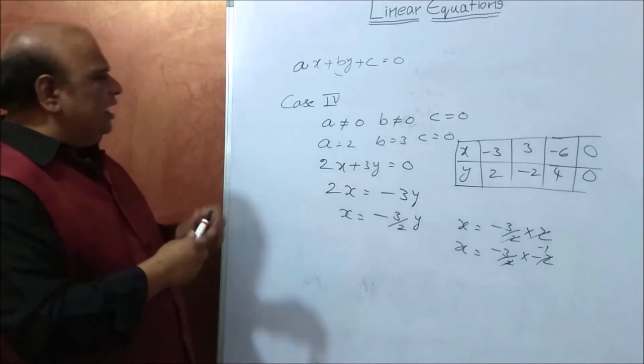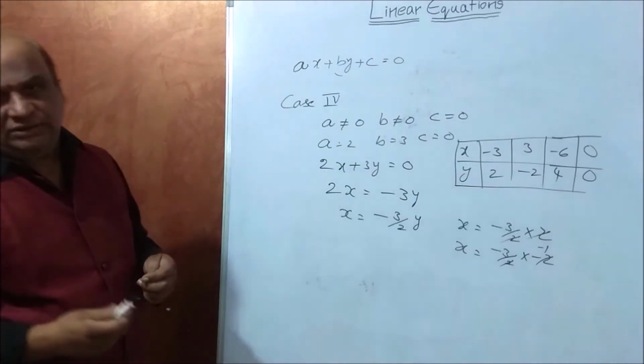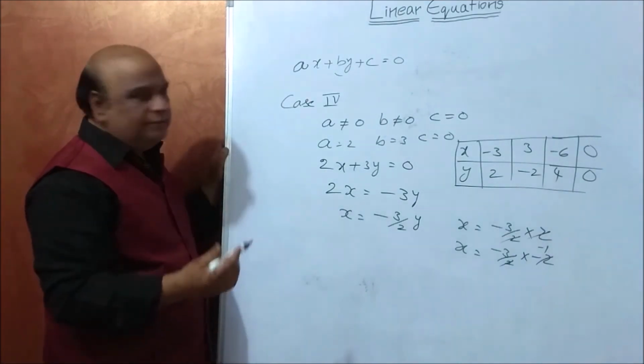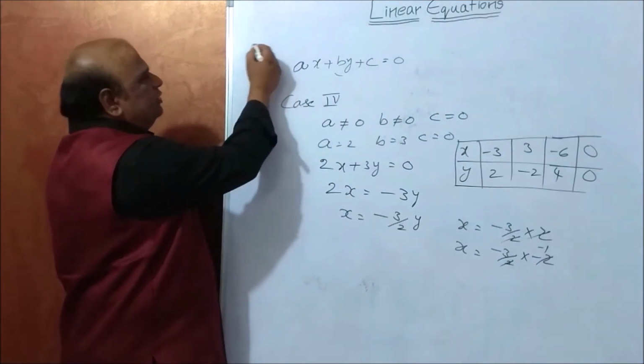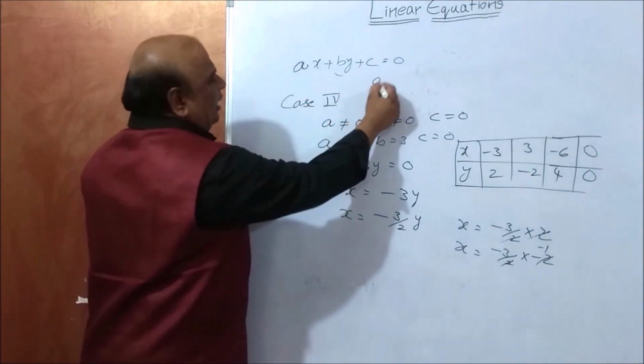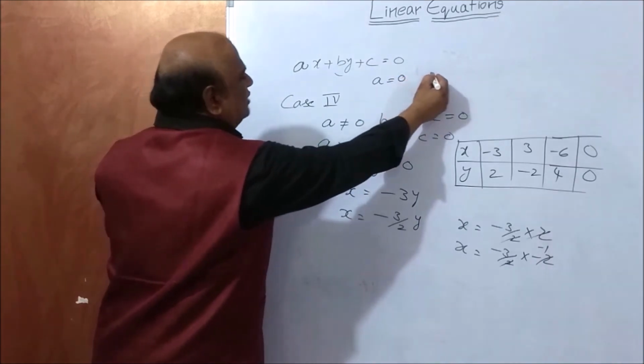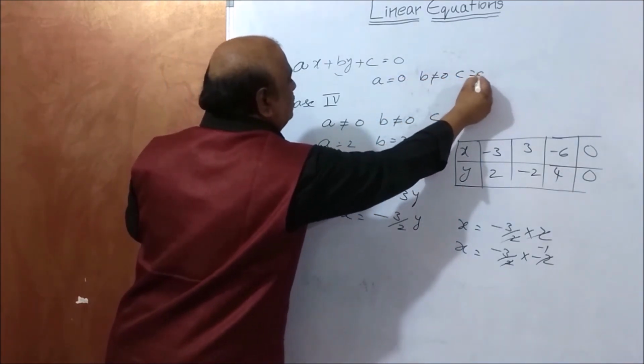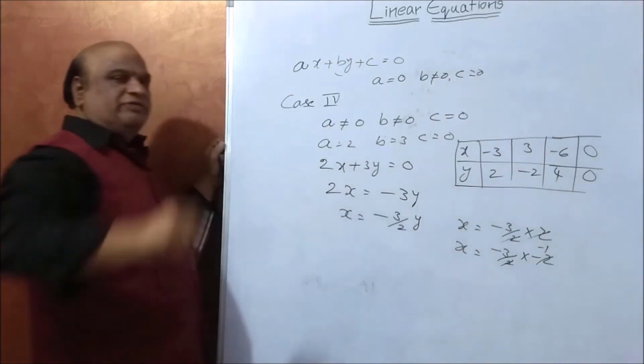Here I took generally 4 cases. Suppose somewhere I will explain, suppose a is equal to 0, b not equal to 0 and c is equal to 0. Can you guess what is this line?